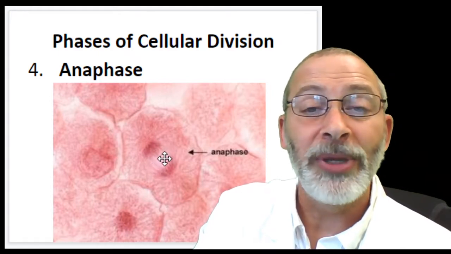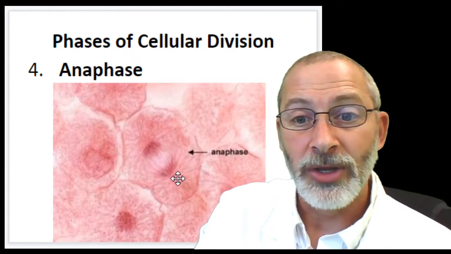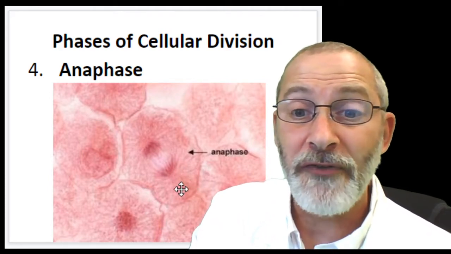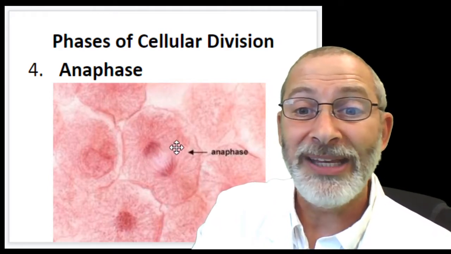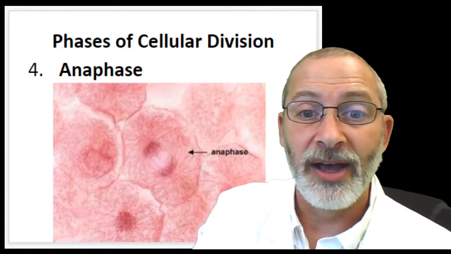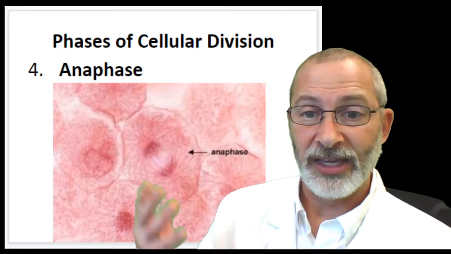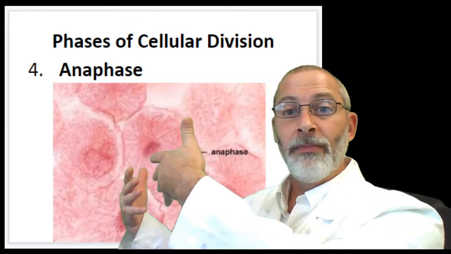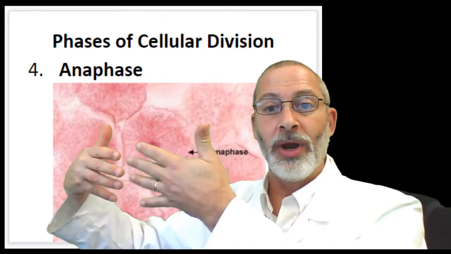There's a gap between the chromosomes. You can see the spindle apparatus have pulled them apart so far that they've kind of split in half. This is a great slide of anaphase.